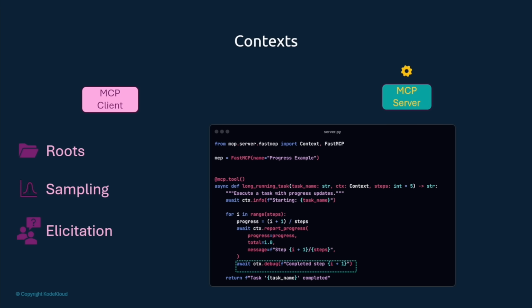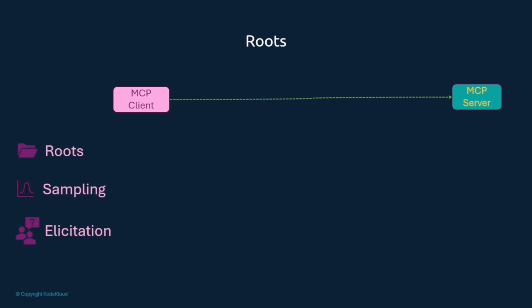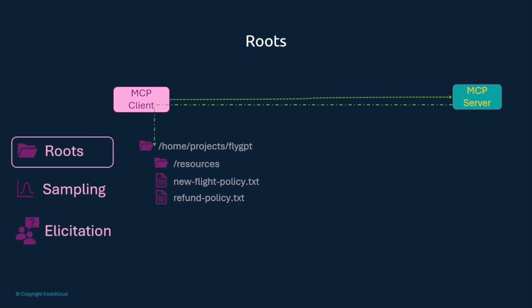Now that we know what context is, let's start with the client-level features such as roots. So what are roots? Think of roots as folders on the client machine that the MCP server is allowed to see or interact with. They are like shared folders, so you expose them to the server from your local file system. But why do you want to provide access to the file system to the server?